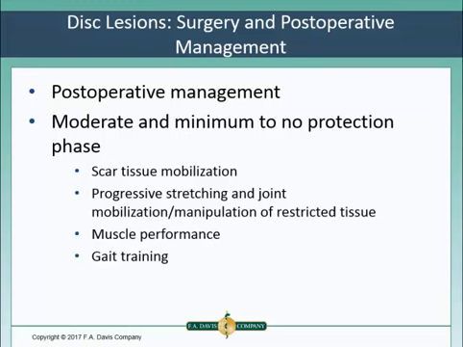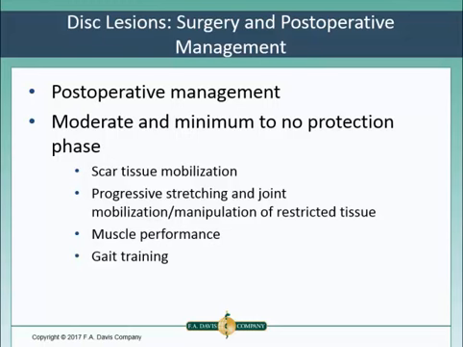Remembering that we do not do joint mobilizations over fused areas, and I would avoid any mobilization or manipulation in the surgical area. Start working on muscle performance, especially of the global and segmental stabilizers of the spine. And work with gait training. We want patients to be able to ambulate independently, and this is a good time to start working some endurance with ambulation.